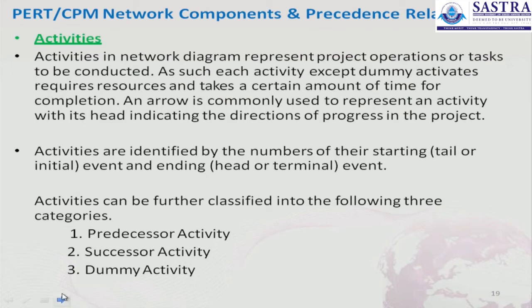And the second thing is activities. Activities in a network diagram represent project operations or tasks to be conducted. As such, each activity except dummy activities requires resources and takes a certain amount of time for completion.